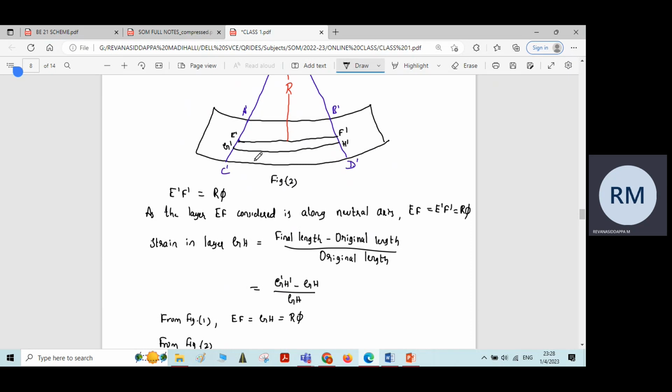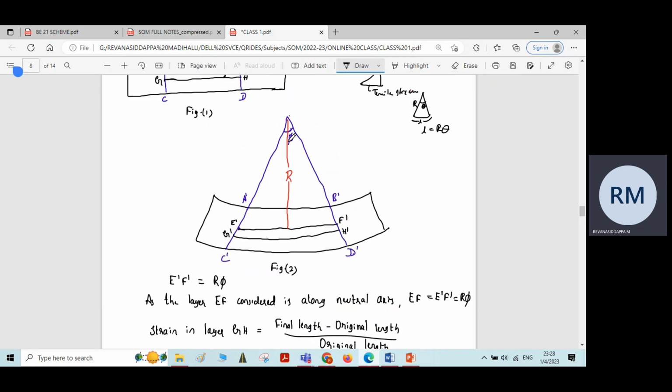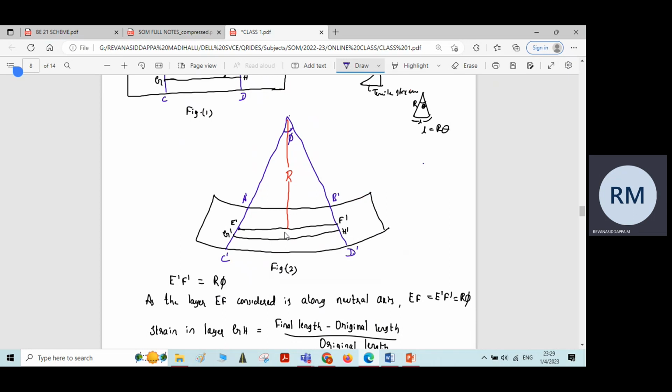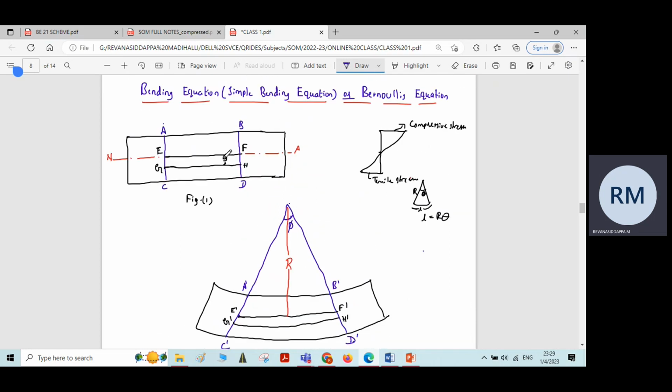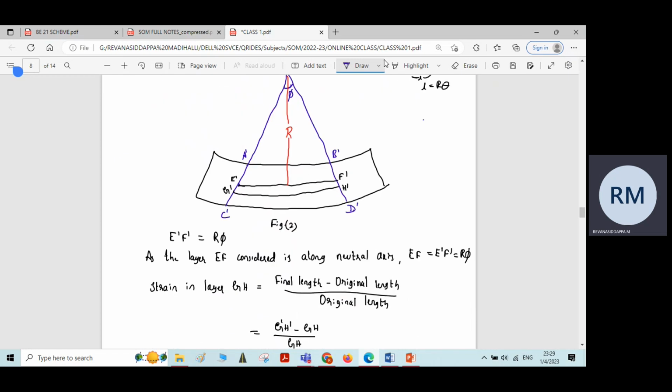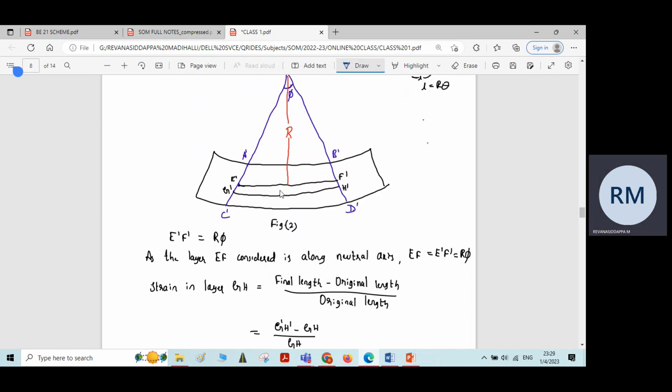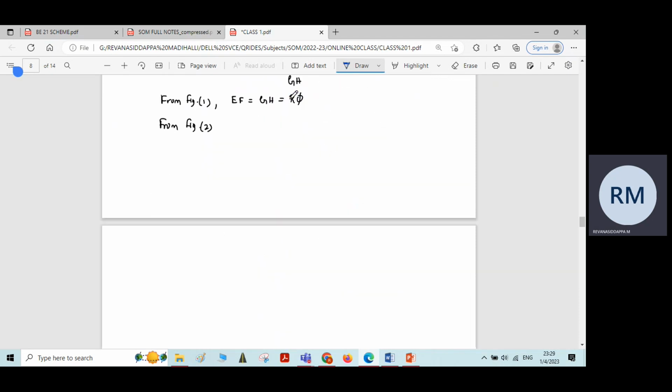The length G dash H dash can be written as, so here the distance of the neutral axis from the layer G dash H dash is Y. We have considered that layer at a distance Y, correct? So the length of G dash H dash can be taken as the radius R plus Y into pi.